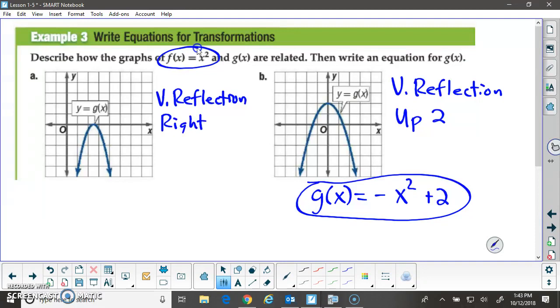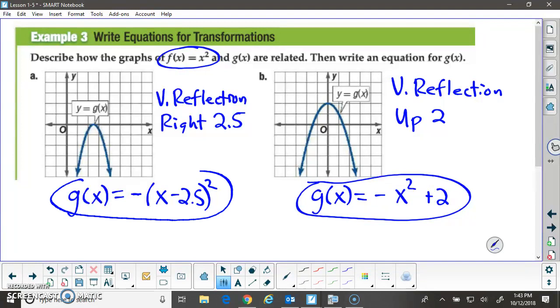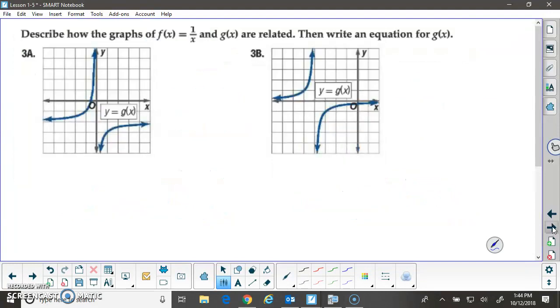That looks like it's about 2.5. So my equation now would have to be g of x equals negative, x minus 2.5 to the second power, and we'd have this minus sign in front to make sure that the U-shaped parabola graph is opening down. So that's taking a graph and producing an equation.